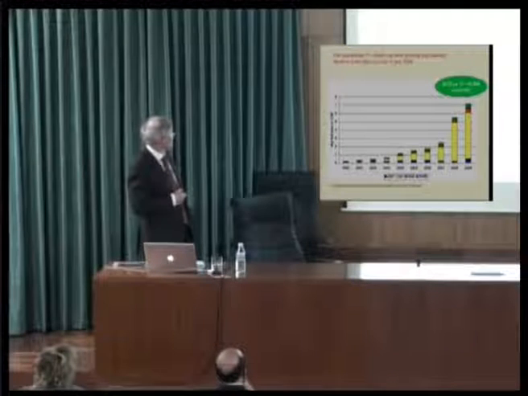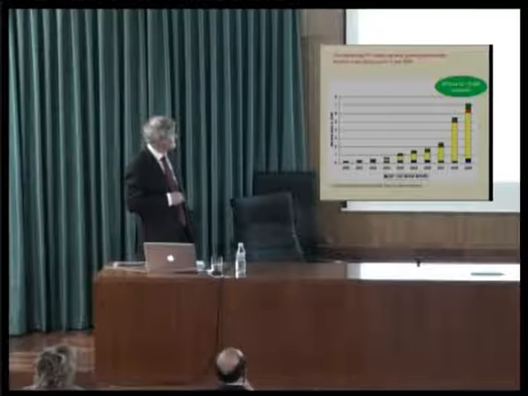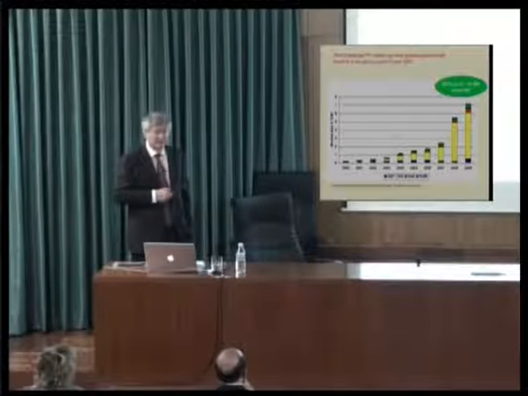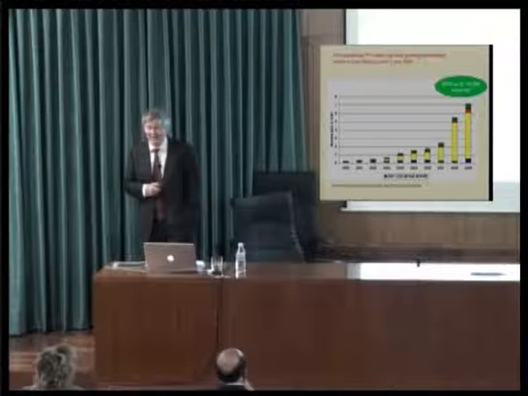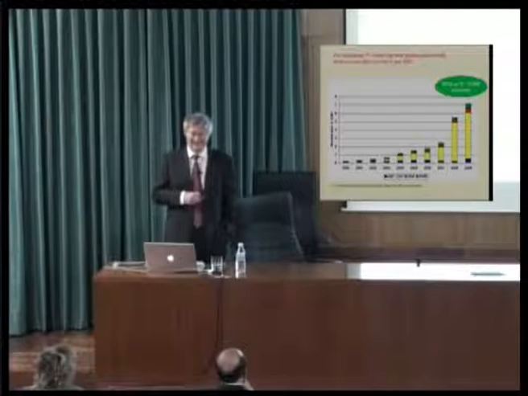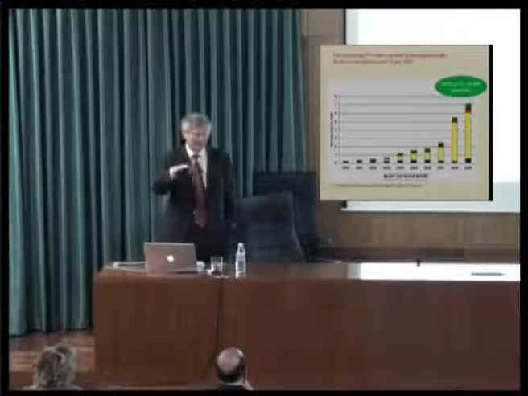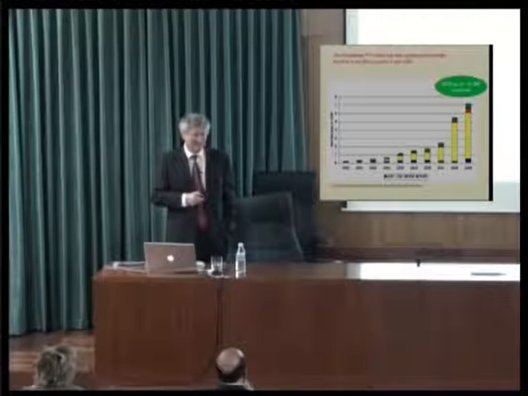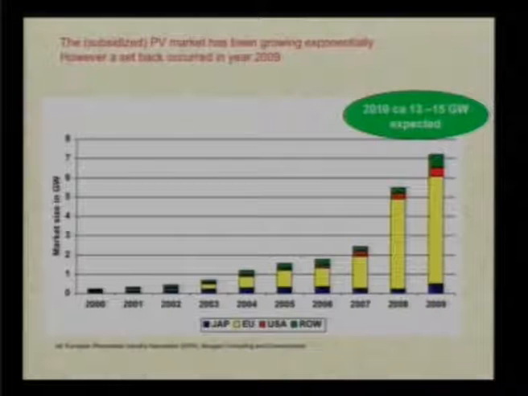The PV market has been growing. It's subsidized, and there was a snag that happened a couple of years ago with the feed-in tariffs here in Spain. You may remember the government capped it, and there were a lot of companies that speculated to sell silicon cells to Spanish people, and that didn't happen.